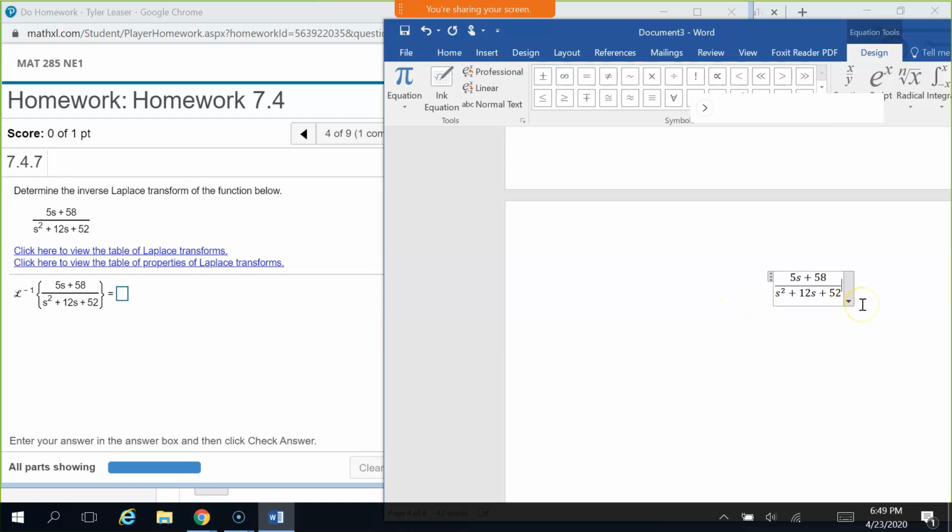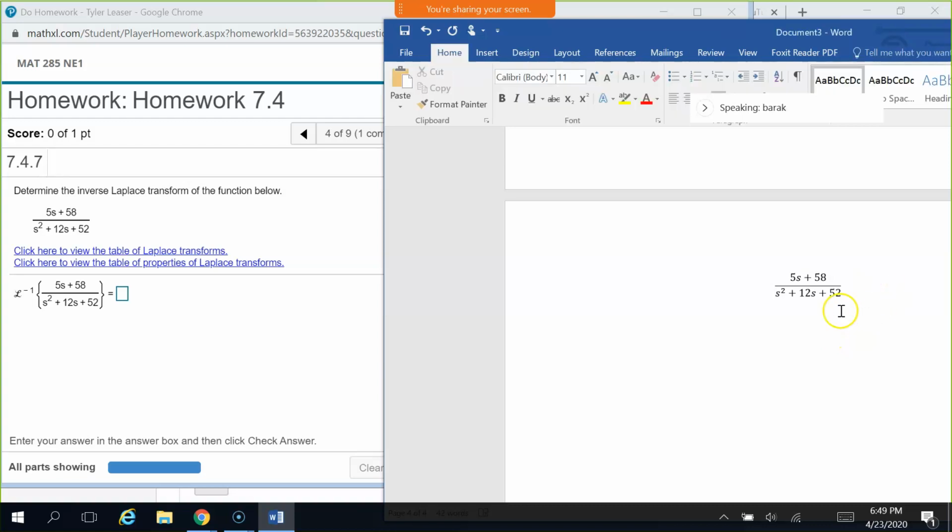All right, we're trying to take the inverse Laplace transform of this awful looking thing. There's definitely nothing on the table that matches this. So let's see if it can be factored. I kind of don't think so, because I don't know what goes into 52.